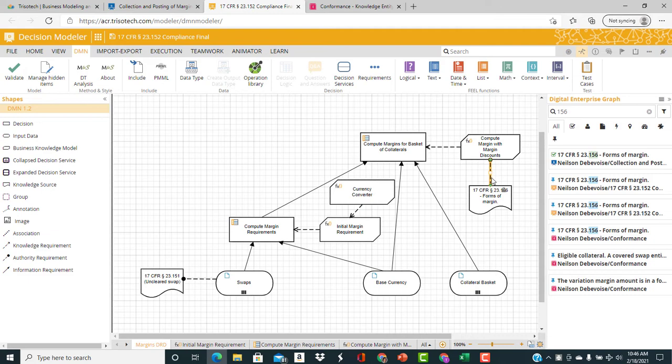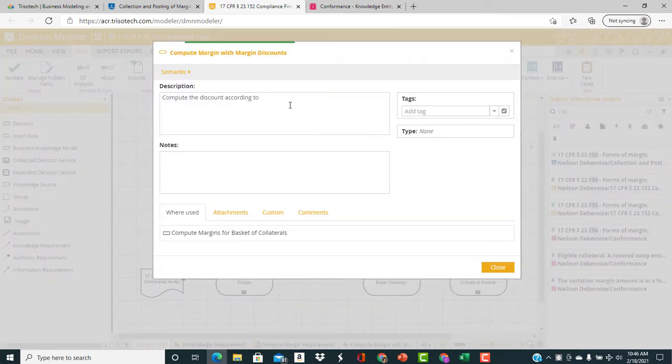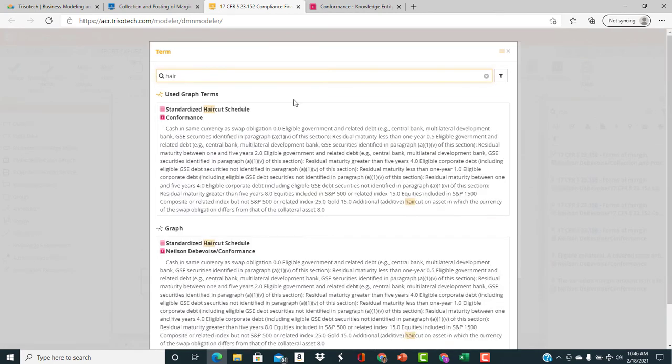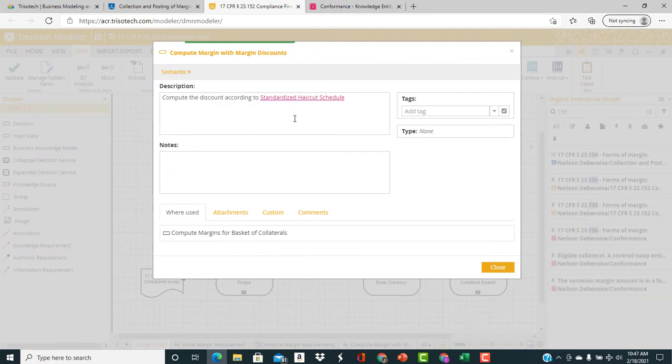You can also incorporate terms that you've created with the KEM into descriptions of the different elements of a decision or a workflow model. So let's go ahead and say we're computing the discount according to the standardized haircut schedule, which we created with the KEM. So I look it up with this dictionary shape, and here it is, haircut schedule, and I add it to the description of that item.